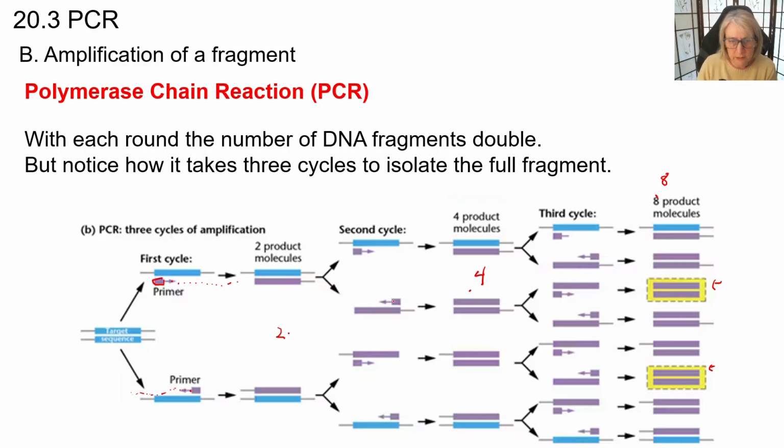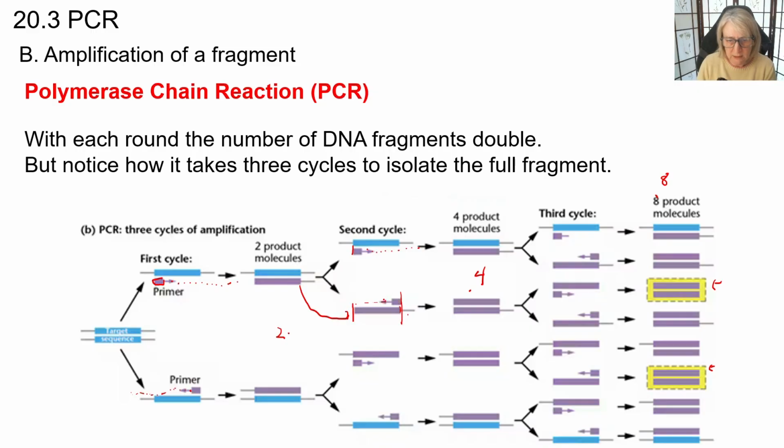Every time we run through a series of cycles, because the primers are always attaching in the same place, we end up in the second cycle with one that builds on, this is one of my pieces that I made here. It's cut in the right place at the end of the fragment we are interested in on one side, and it's too long on the other.